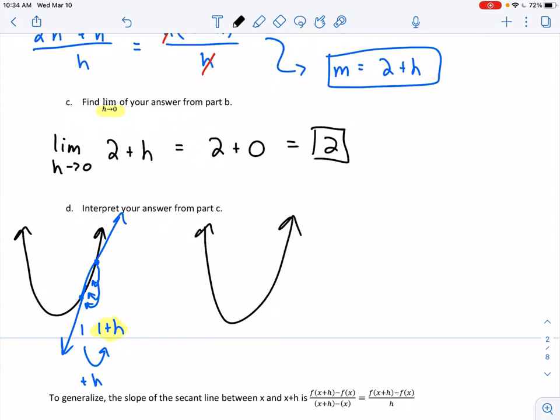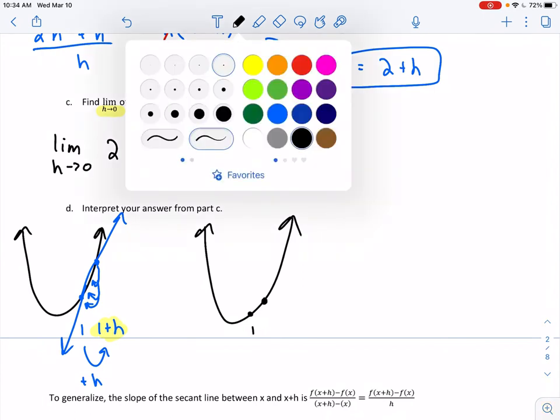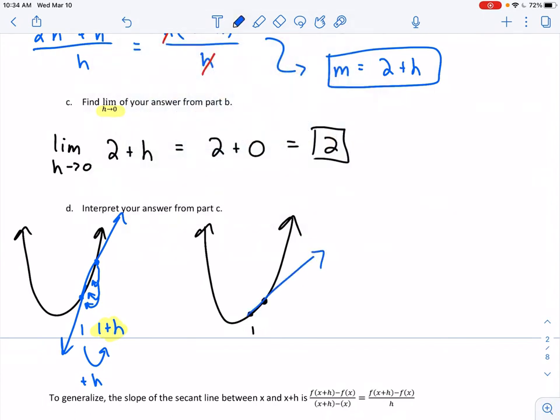So we said, okay, maybe here's 1, and then we move h a little bit closer. And we say here is the slope of the secant line that time. And maybe we'll draw in one more example. We'll say here's 1, and then 1 plus h would be right here.